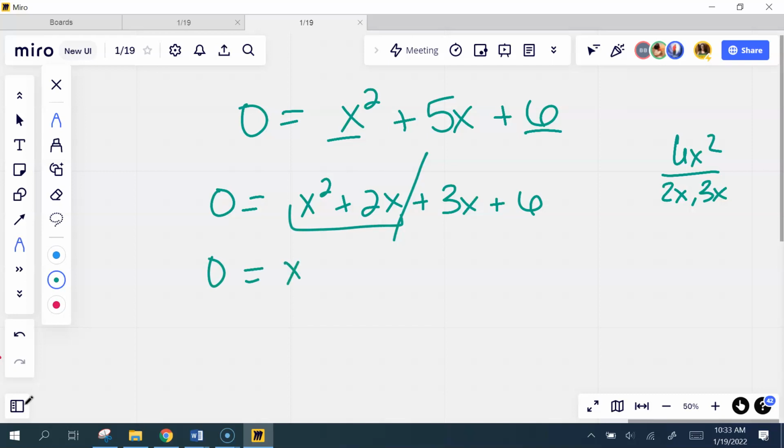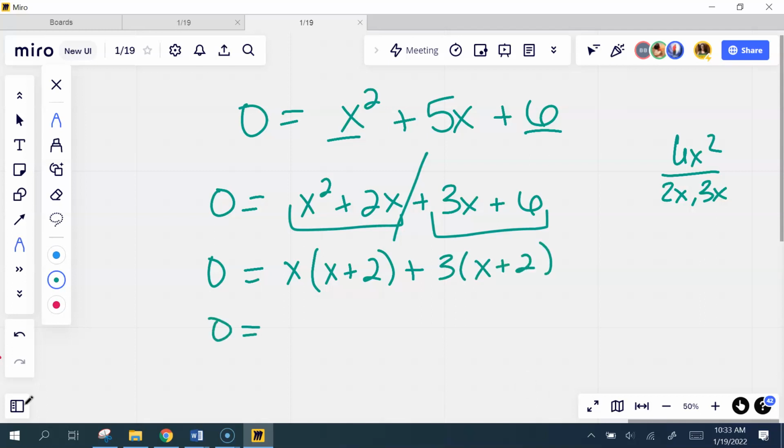X. And what's left? Middle sign stays. What's my GCF here? 3. And what's left? X plus 2. So in factored form, I have my x plus 2 and then x plus 3.